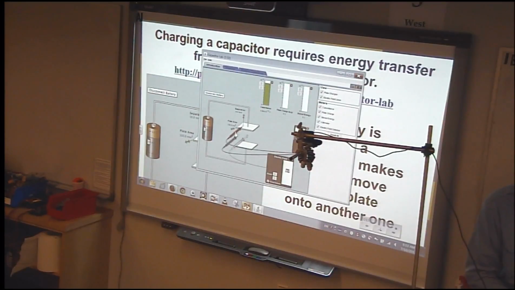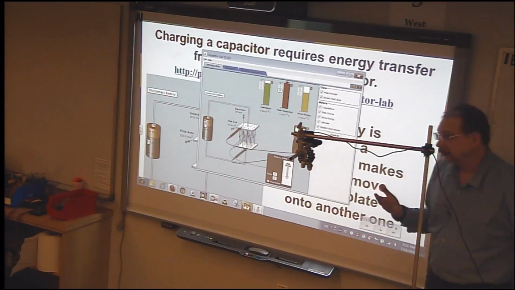You can attach probes to the plates. And right now, of course, the capacitor has no charge. But if I charge it up, if I connect it to a battery, what's happening?